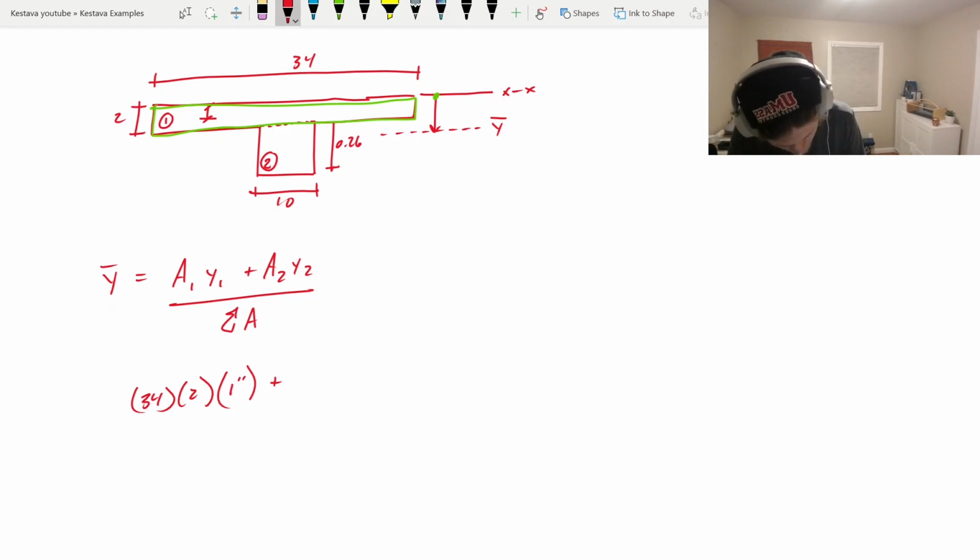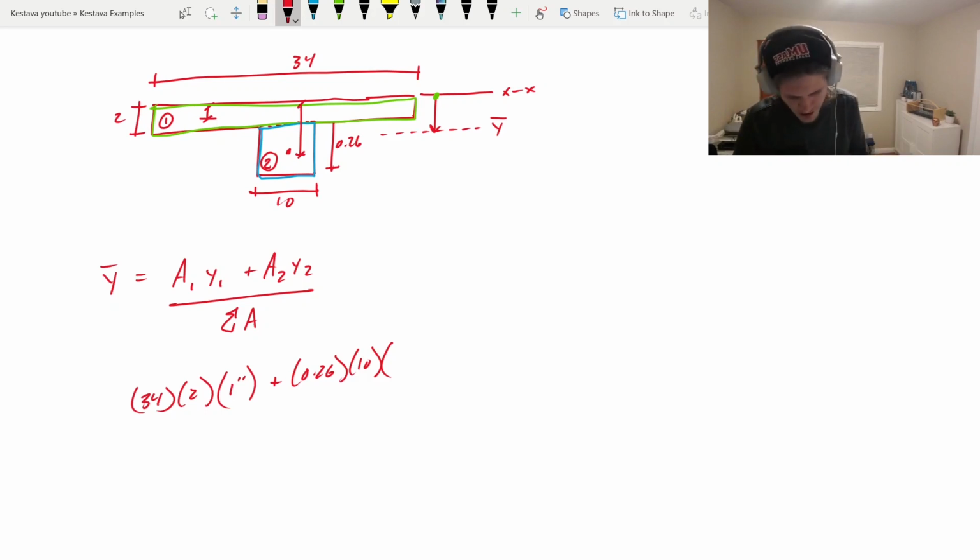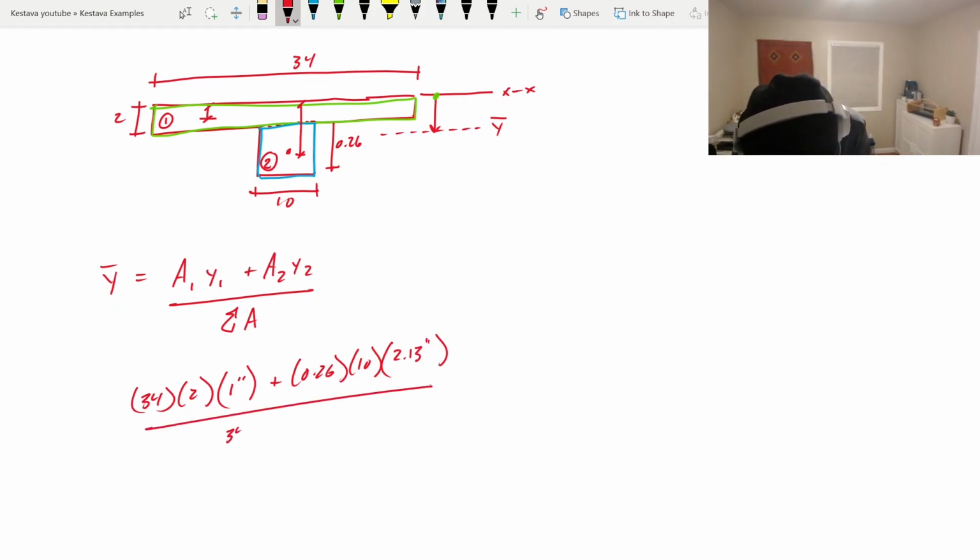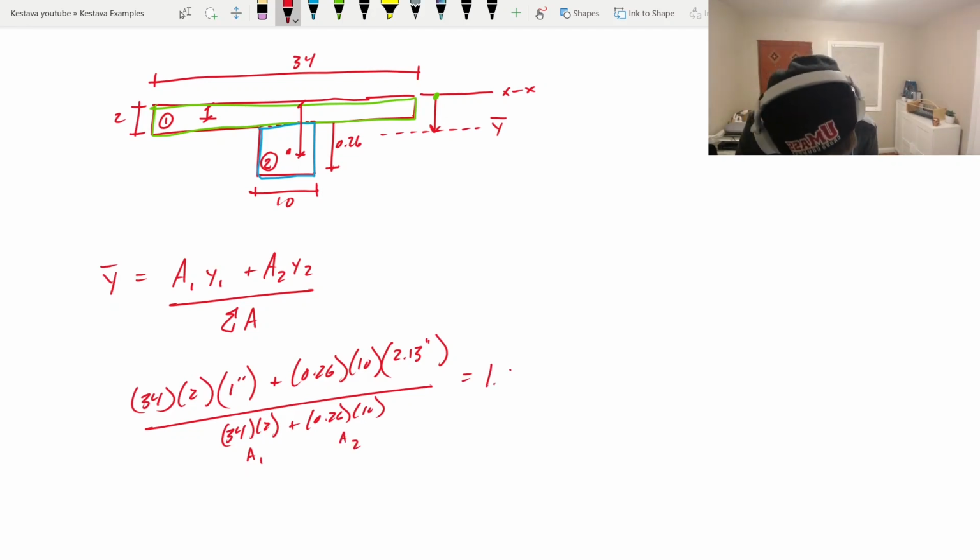Plus A2, which is the blue area, that is 0.26 inches times 10 inches times the midpoint of this from the top flange, which is 2 inches for the thickness of the flange, and then half of 0.26 to get to the midpoint of the blue rectangle. That is 2.13 inches. Divide all that by 34 times 2, because that's A1, plus 0.26 times 10, because that's A2. That equals 1.04 inches from the top.